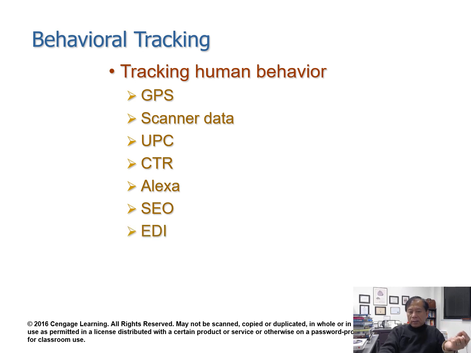EDI, electronic data interchange. NFC, near field communications. RFID, radio frequency identification. I'm sure you know all these terminology and acronyms, their meanings, and the contexts they are used in. URL, Universal Resource Locator, or the web address.